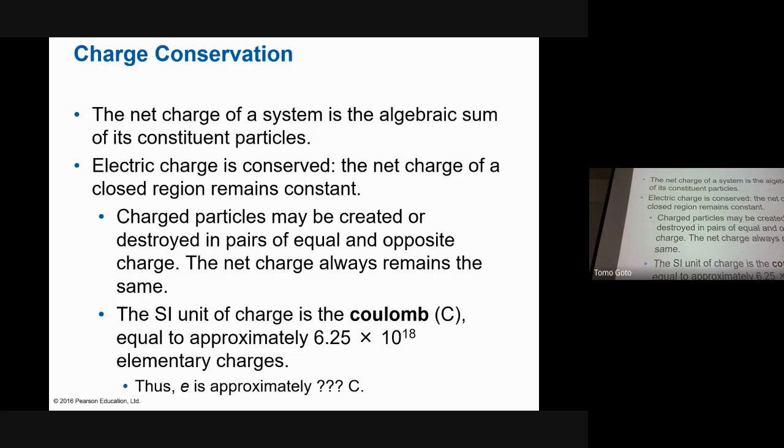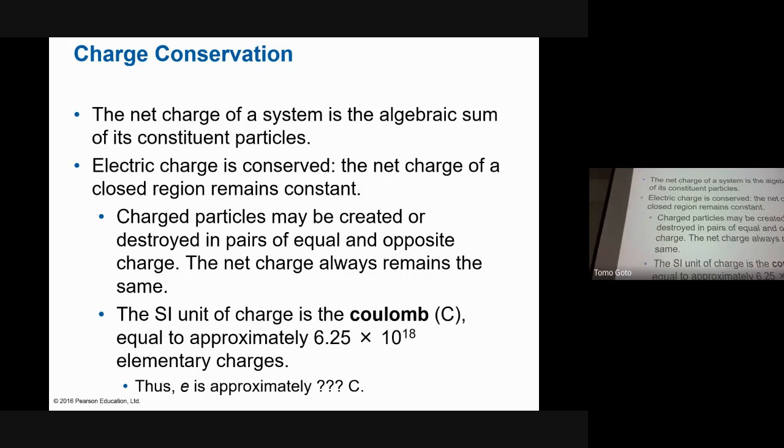Charged particles may be created or destroyed in pairs of equal and opposite charge. The net charge always remains the same. So if plus is created, the minus should always be created. If plus and minus disappear together, that's fine. But only plus disappearing or only minus disappearing doesn't happen.